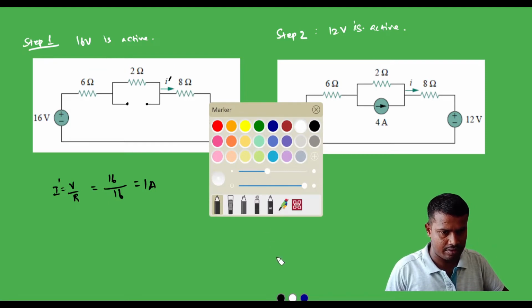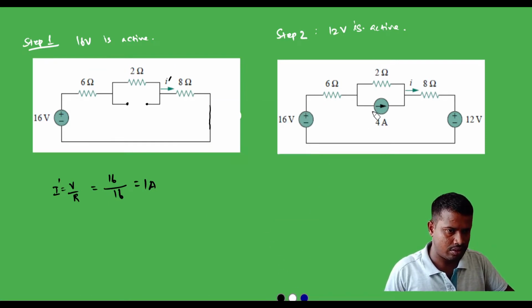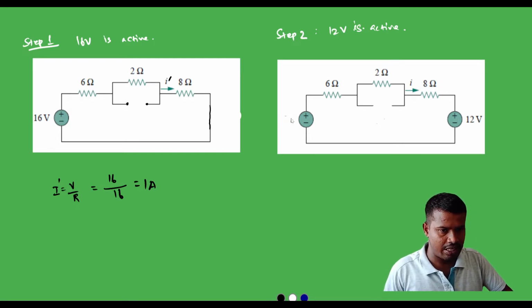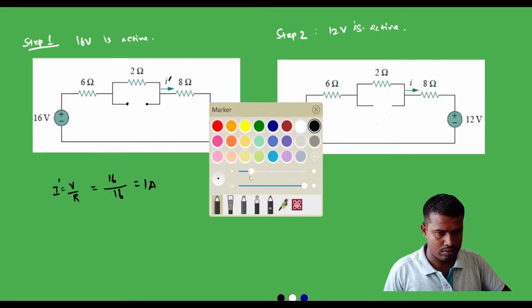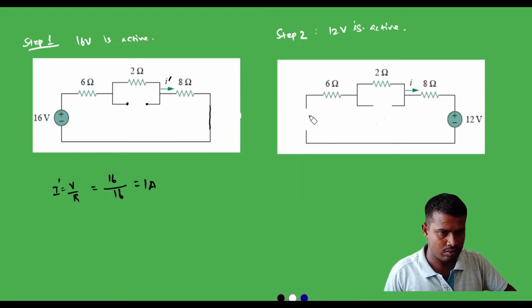The current source can be turned off by open circuiting it, and a voltage source can be turned off by short circuiting. We will short circuit it.